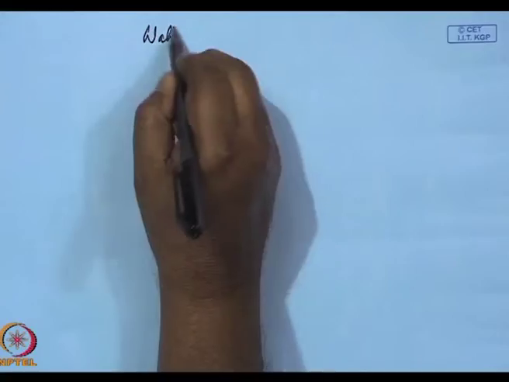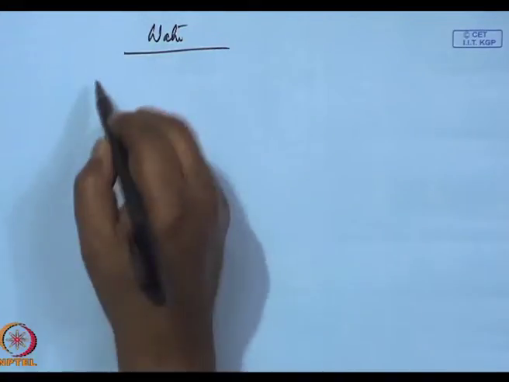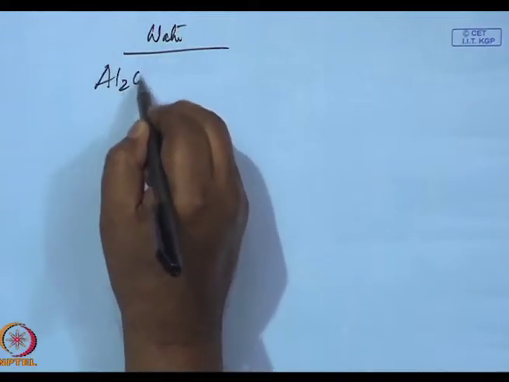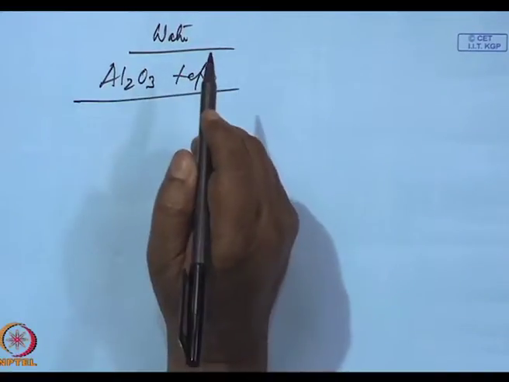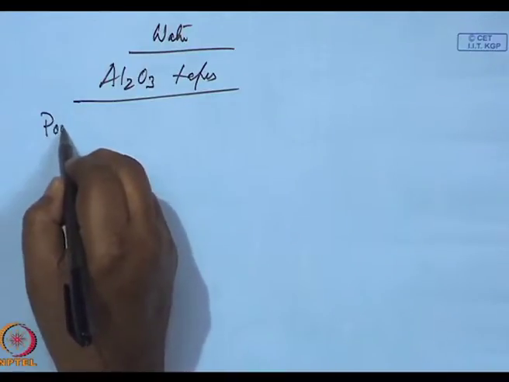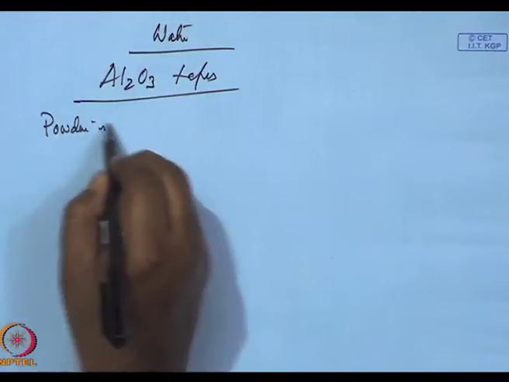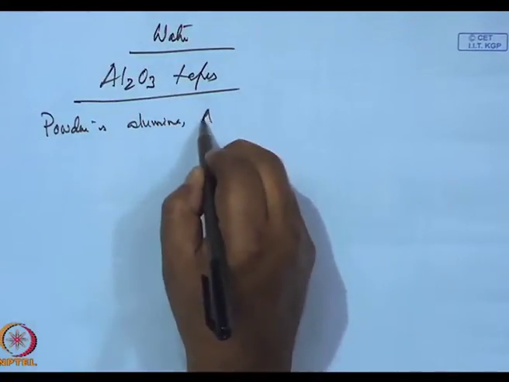There the system is water. So, what are the additives? I want to fabricate Al2O3 tapes. The powder is alumina, Al2O3.